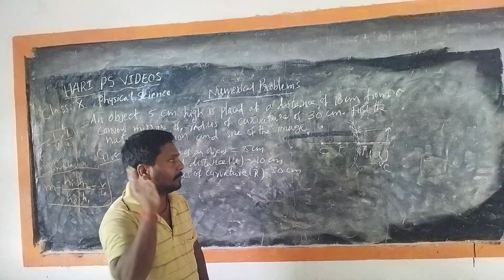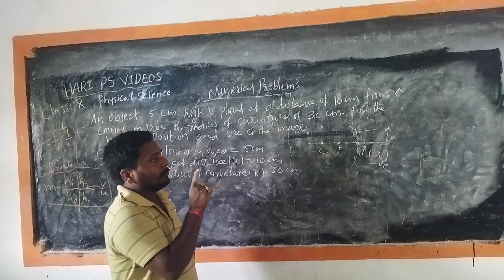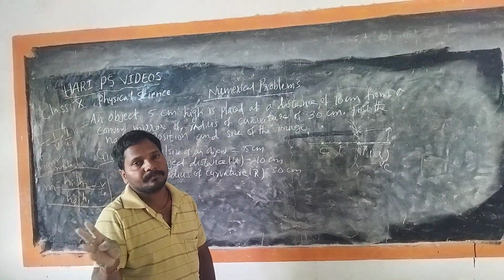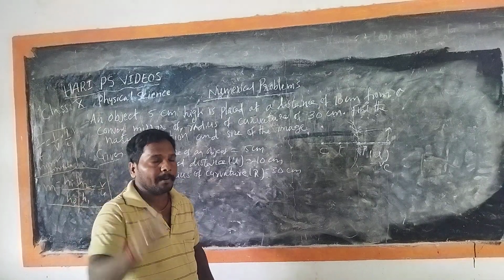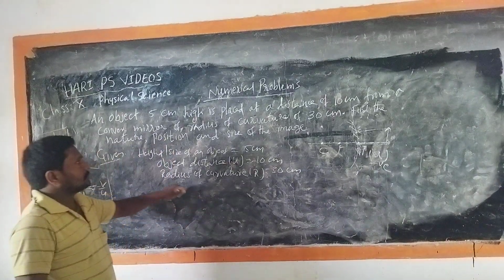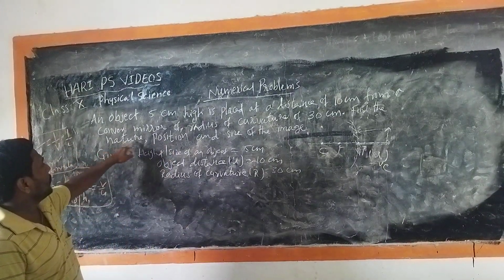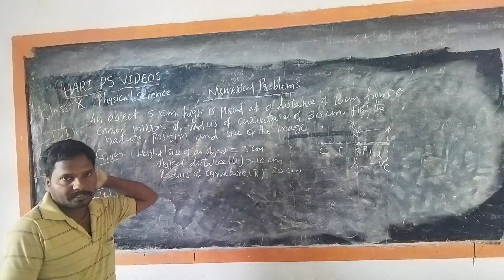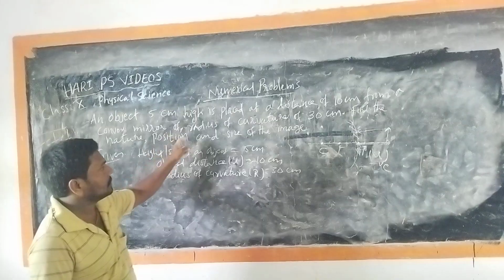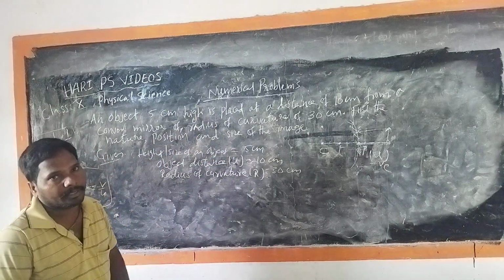So it is always positive. Only the object distance is negative. The remaining are all positive. Next, what do we have to find? Find the nature, position and size of the image.